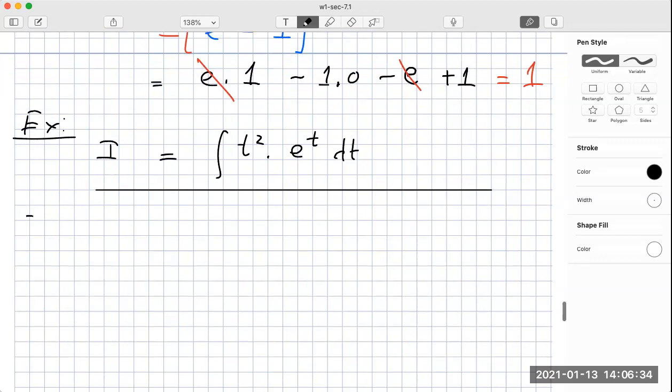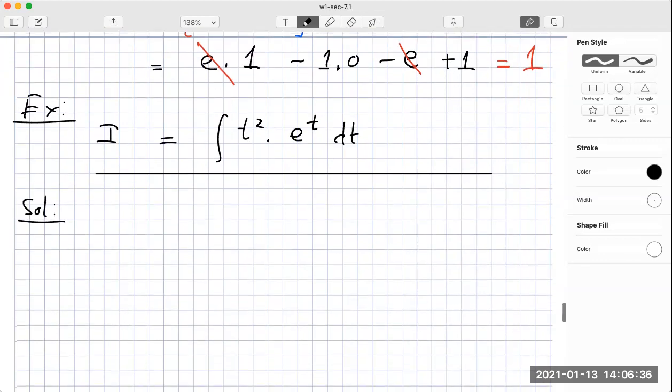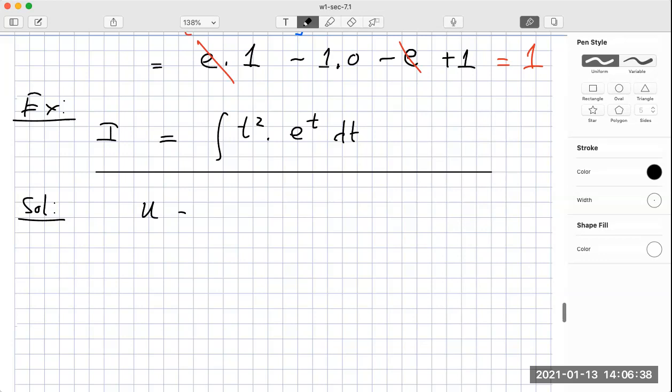So we know that we need to define something to be u, and the other one will be dv, and we need to compute du over dx, or simply write u prime. And we need to find the antiderivative of v here. So look at this. Which is which?